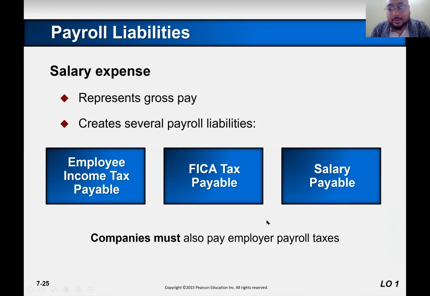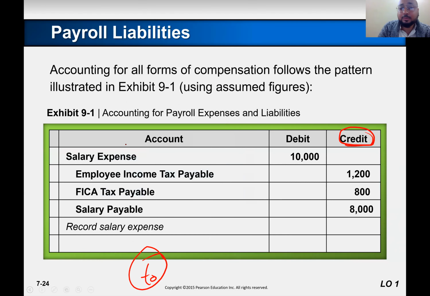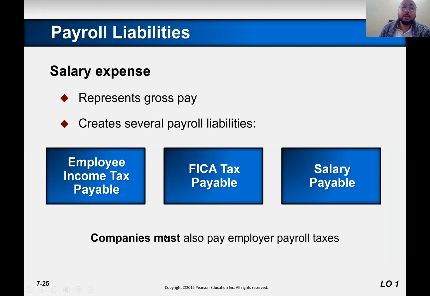So we just saw here that salary expense is not equal to salary payable, right? Salary expense is not equal to salary payable. 10,000 is not equal to 8,000, and why is that? Because there are several liabilities inside a person's salary.